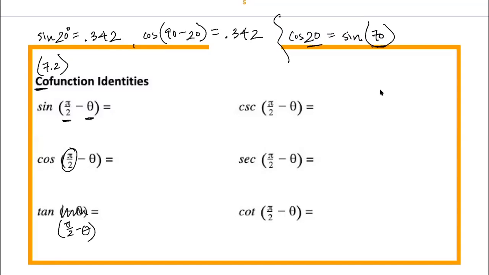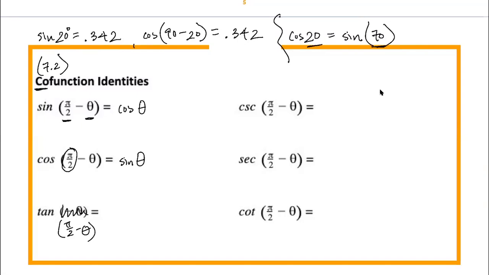So when we fill in our chart here, we can say that sine of pi over 2 minus theta is equivalent to cosine of theta. Okay, that's like saying sine of 90 minus 20 equals cosine of 20. And we could say that cosine of pi over 2 minus theta is equivalent to sine of theta.